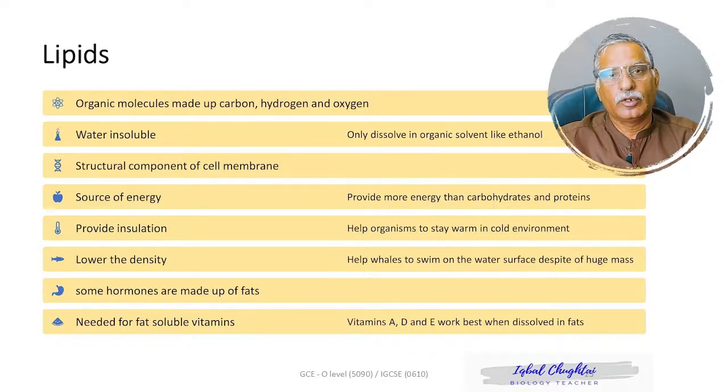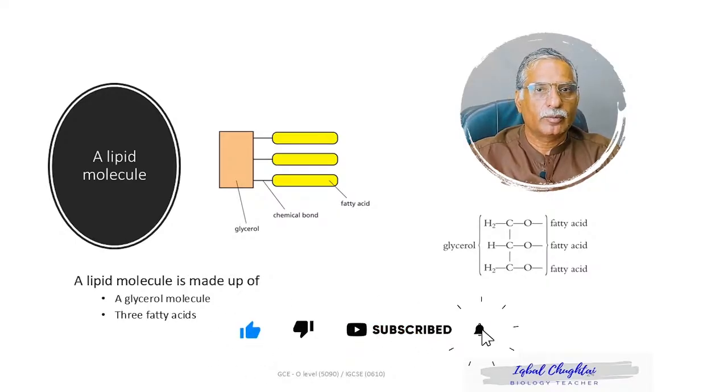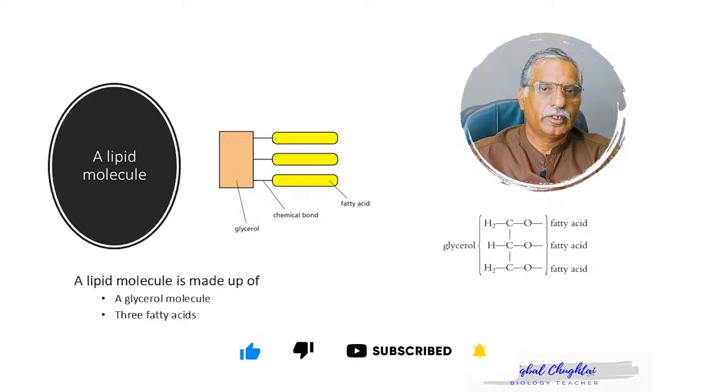A lipid molecule is made up of three components. One is glycerol, a special type of alcohol, and it binds with three fatty acids. Then we have a lipid molecule, which is also known as a triglyceride. A lipid molecule represents all the properties of the lipid it is a part of.